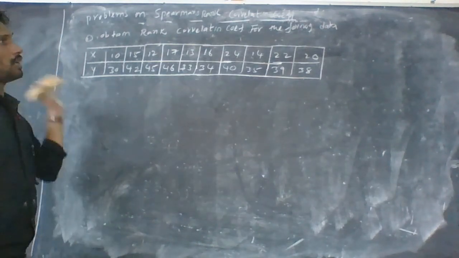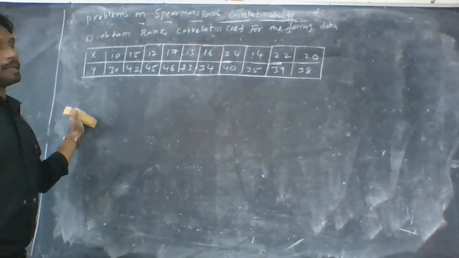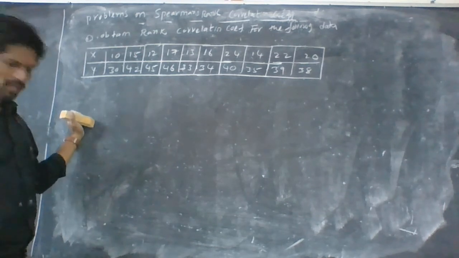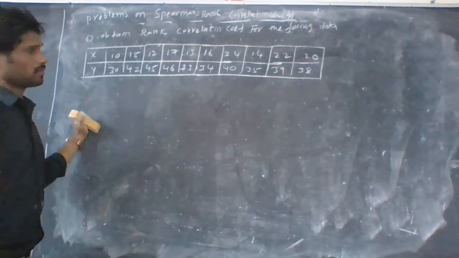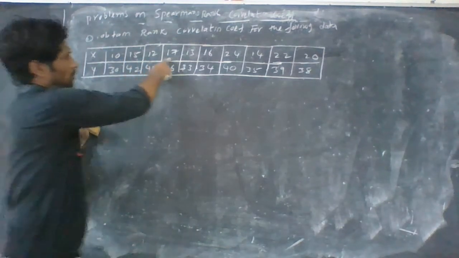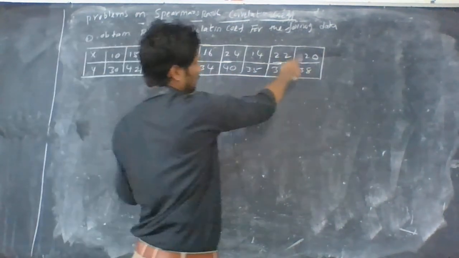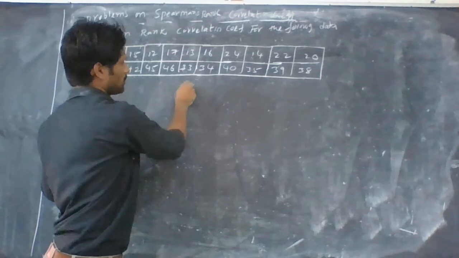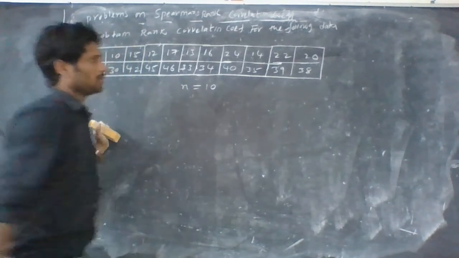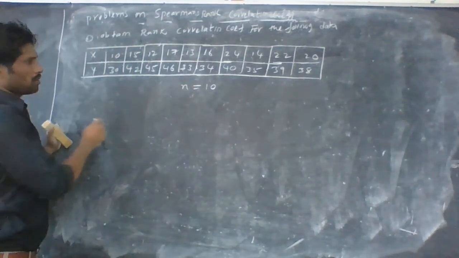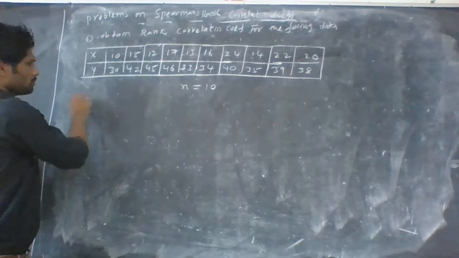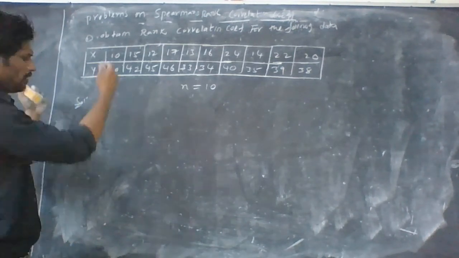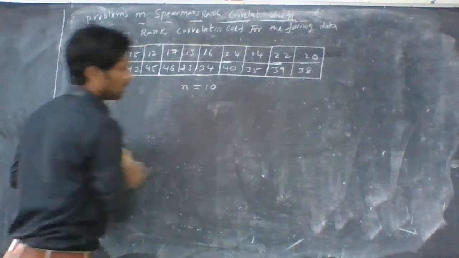You can calculate Spearman's rank correlation coefficient. First of all, the number of observations: 1, 2, 3, 4, 5, 6, 7, 8, 9, 10. Total number of observations is 10. Now we calculate the solution part. We arrange the values in order.